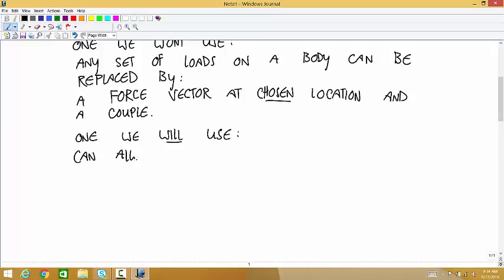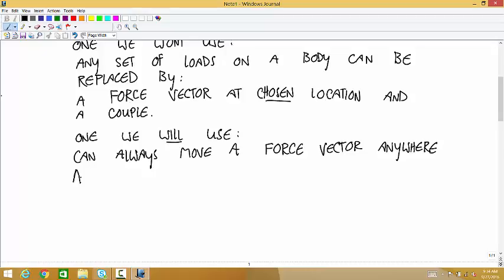You can always move a force vector anywhere along its line of action without changing the behavior.